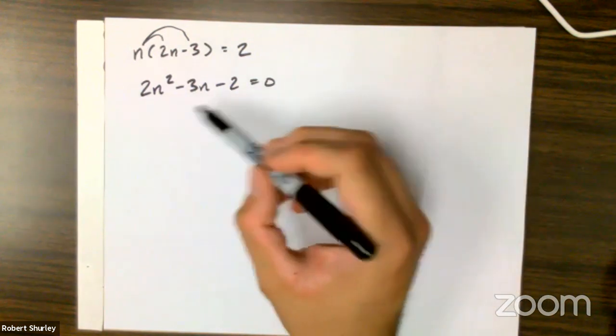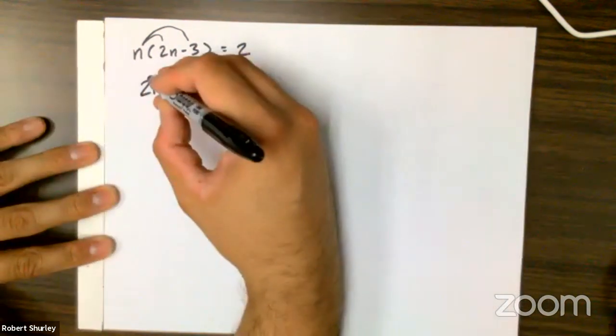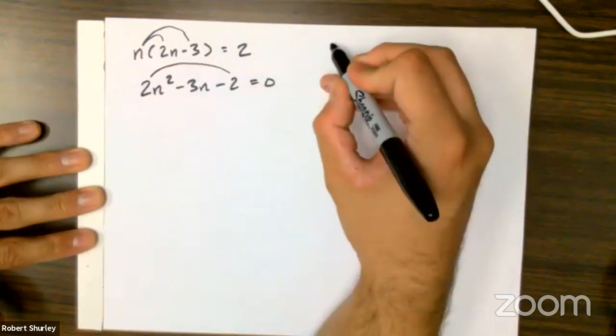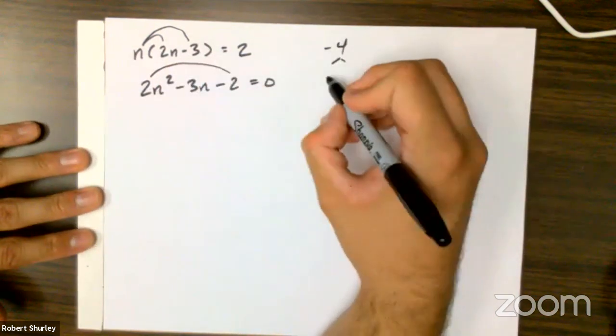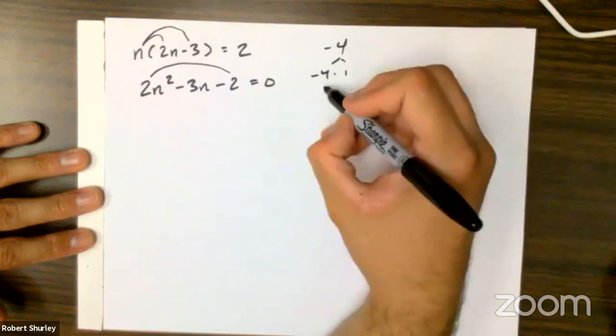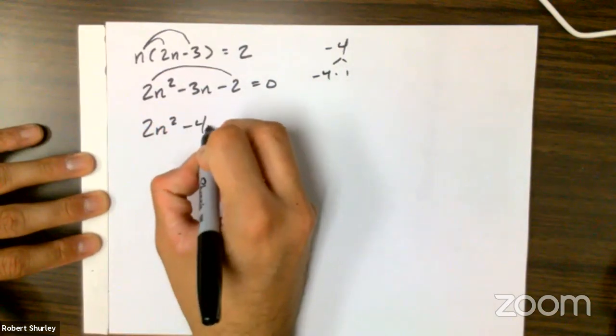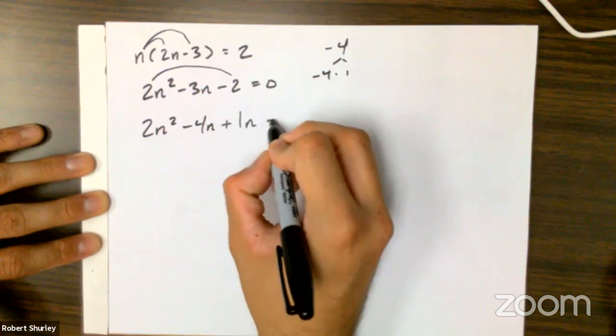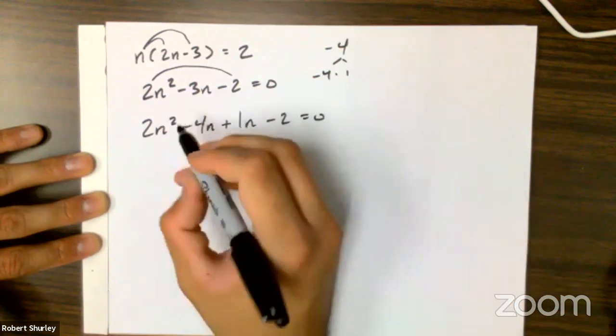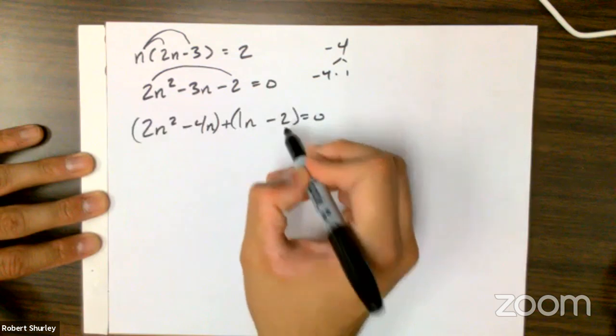Now I've got to factor this side, and I'm going to use the AC method again, because that's what I like. So negative 4 times 1, that adds up to the negative 3. So we get 2n squared minus 4n plus 1n minus 2 equals 0. Put my parentheses around it.